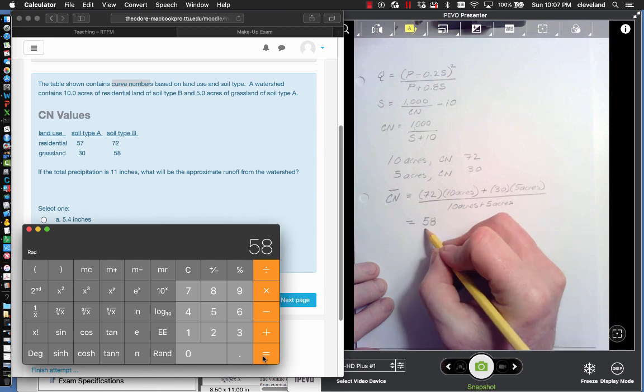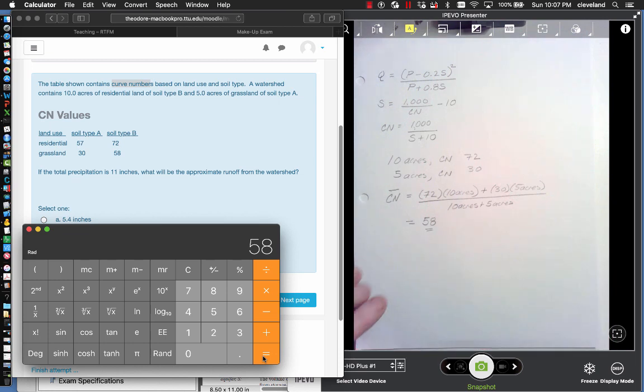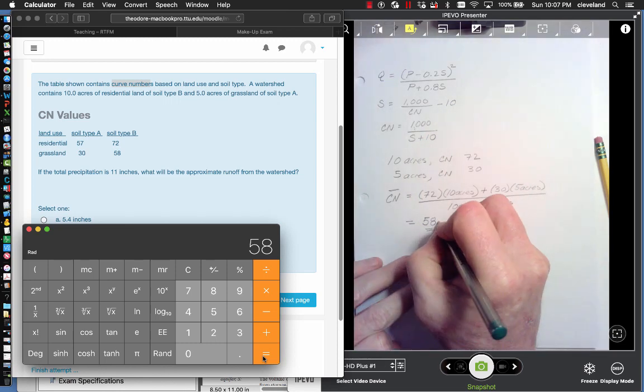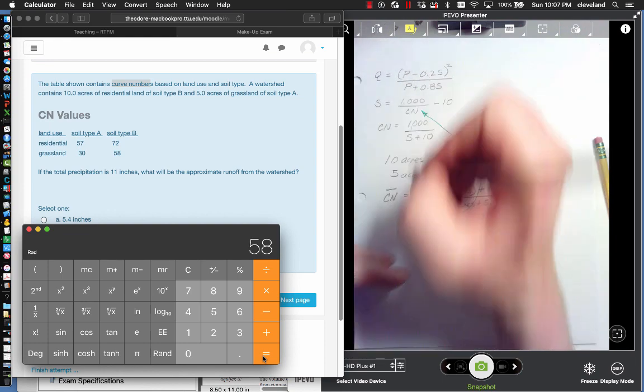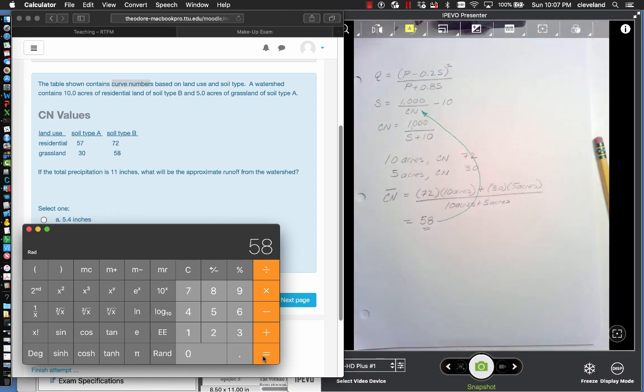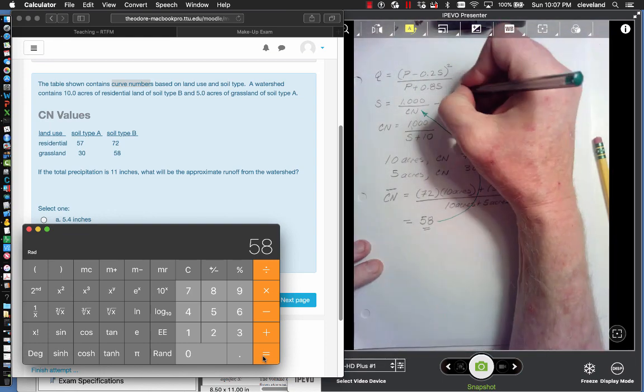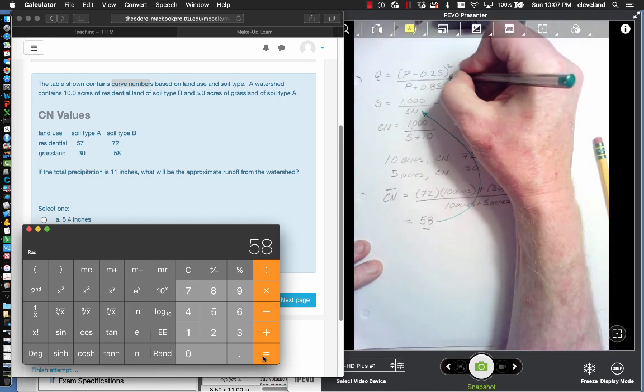We're now going to substitute this value up into that formula to recover the value for storativity, and then we'll put that in these two locations here.